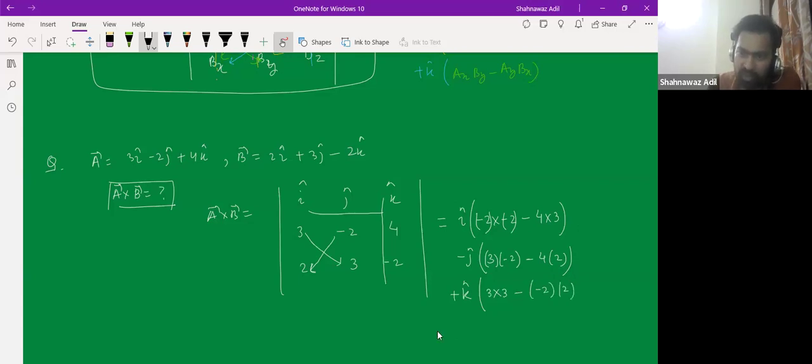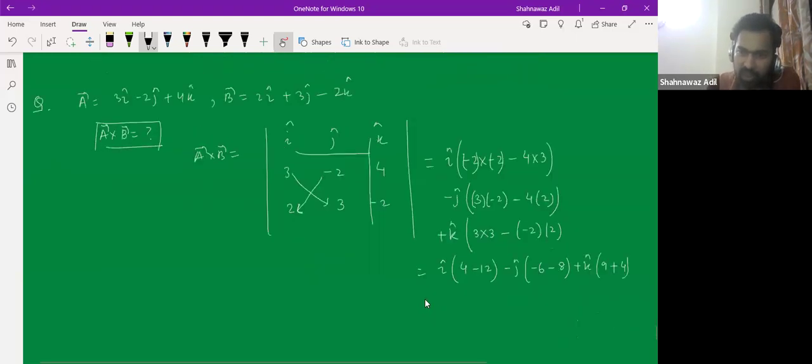So what would this be? I hat is 4 minus 12, then minus j times minus 6 minus 8, and then k times 9 plus 4. So 4 minus 12 is minus 8 I hat.